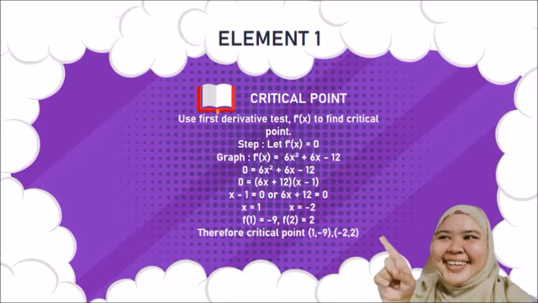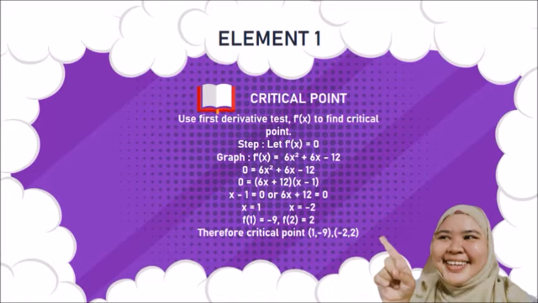Use the first derivative test, f prime x, to find the critical point. In this step, let f prime x equal to 0. f prime x equals 6x squared plus 6x minus 12. 0 equals 6x squared plus 6x minus 12. The values of x that we get are x equal to 1 and x equal to negative 2.